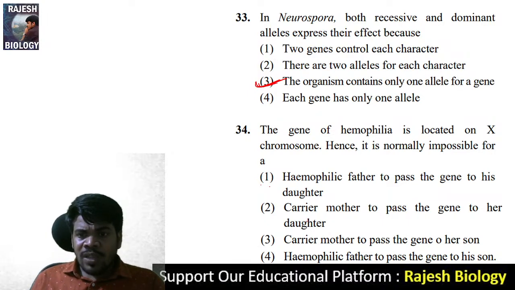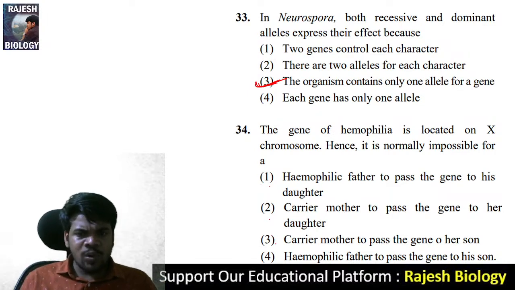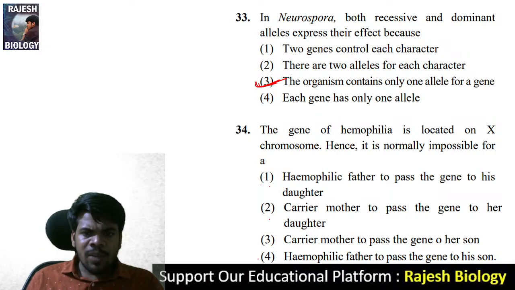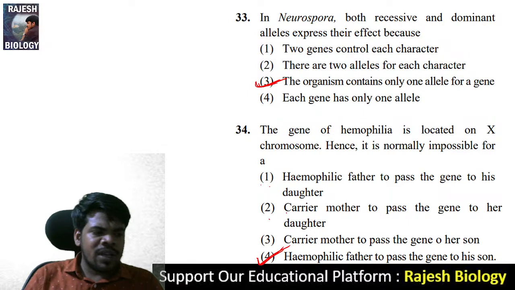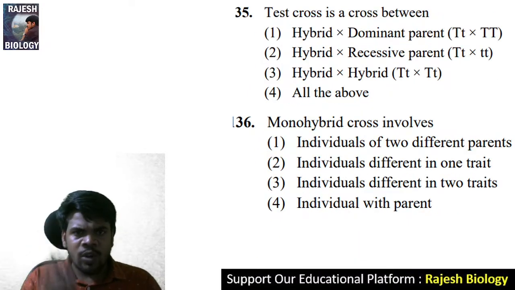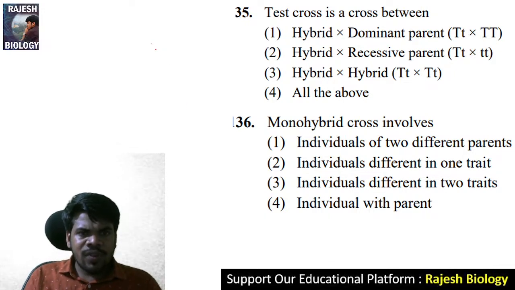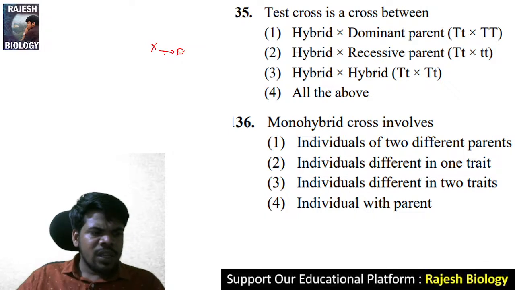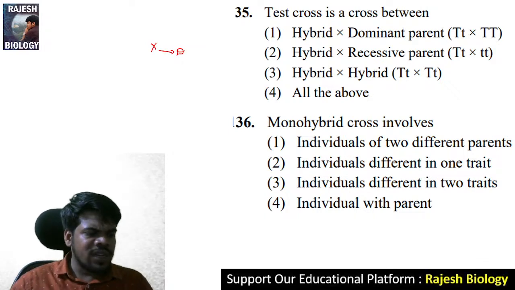Carrier mother to pass the gene to her daughter, possible. Carrier mother to pass the gene to her son, possible. But hemophilic father to pass the gene to his son is impossible because it is X-linked, and from the father, a son always receives the Y chromosome. X of the father enters into the daughter only. Yes, perfect, Jnaneshwari.